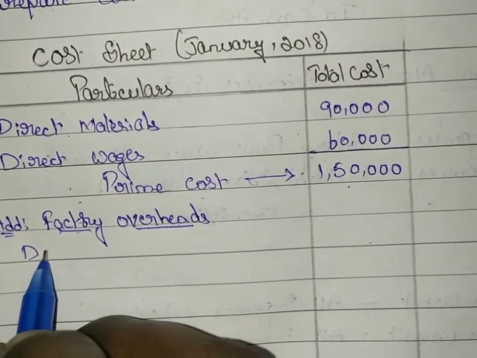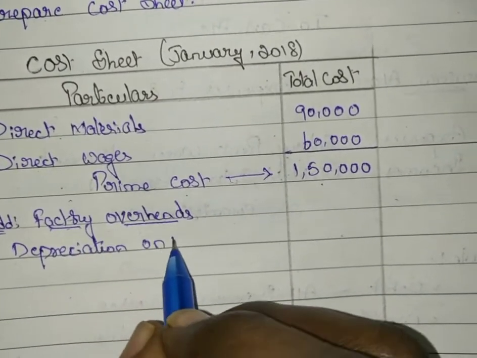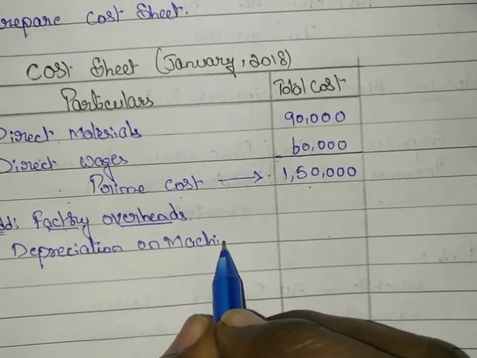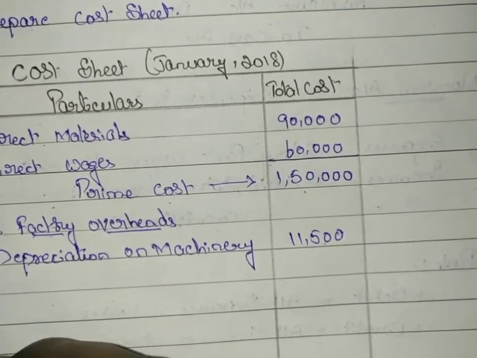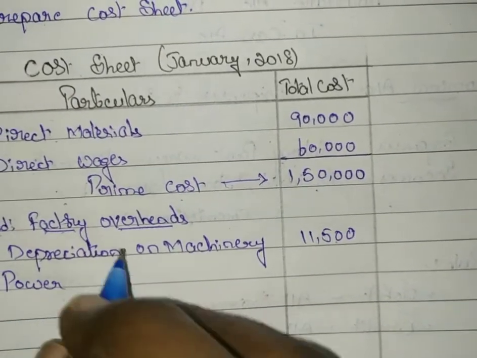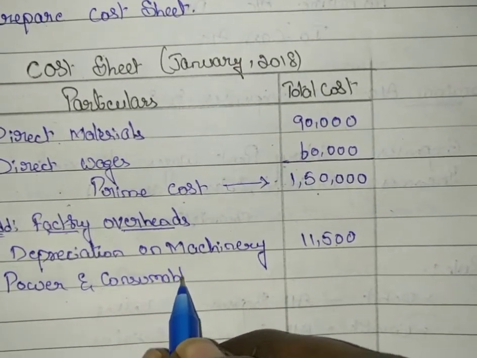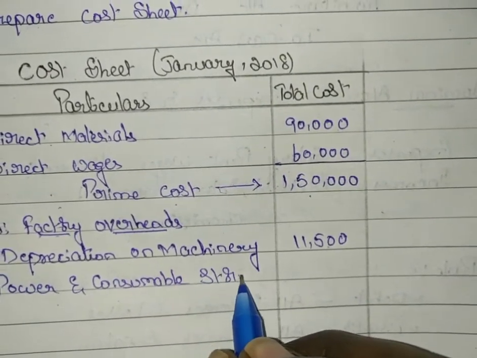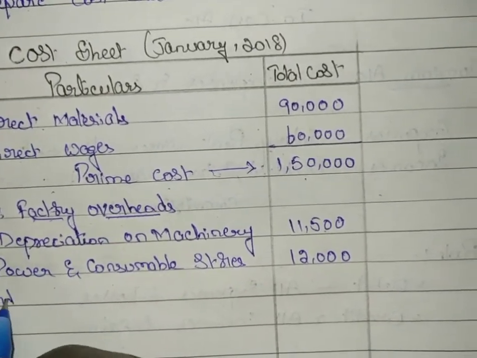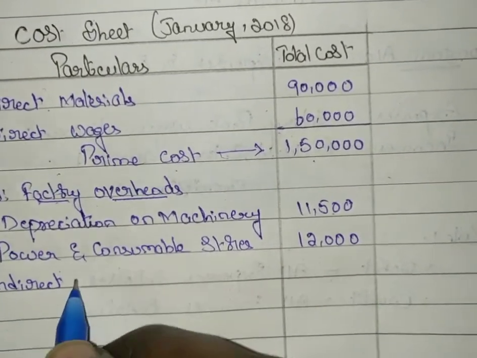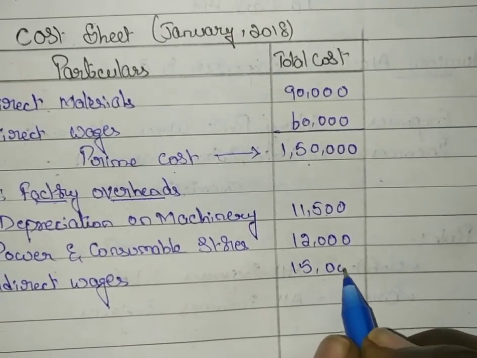First we will write depreciation on machinery, amount is 11,500, and next power and consumable stores, 12,000, and next indirect wages, amount is 15,000.